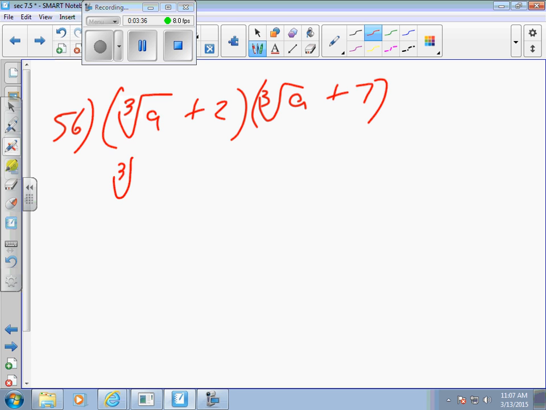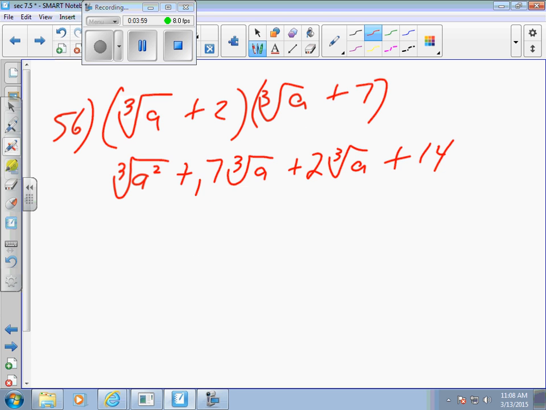I get cube root of a times a is a squared. Outside times outside gives me 7 cube roots of a. Inside times inside gives me 2 times the cube root of a. And last times last is 14. Since our middle terms are both cube root of a, we can put those together, giving me 9 cube roots of a.